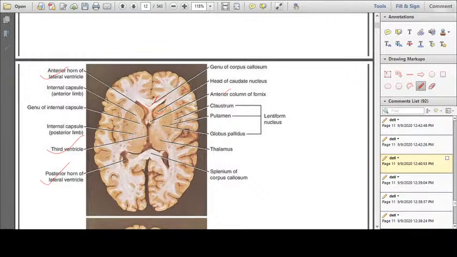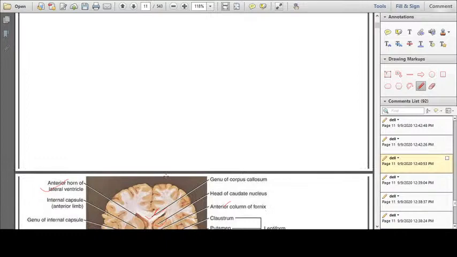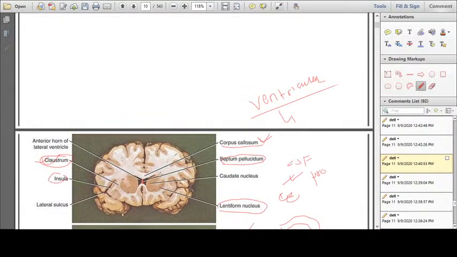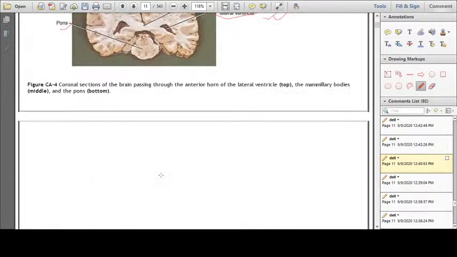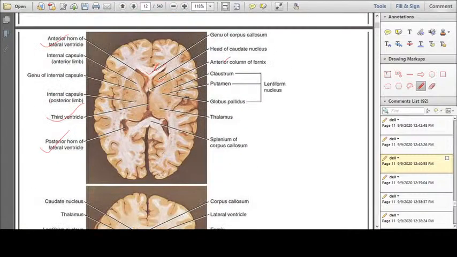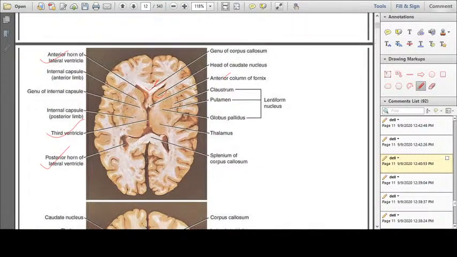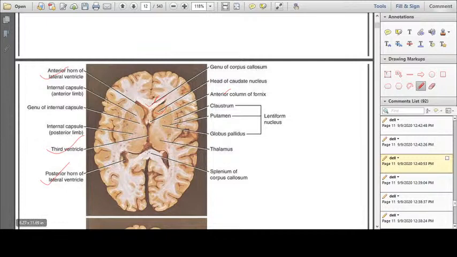This one is posterior-most, but this is the posterior horn of the lateral ventricle. I'm not getting it actually. Yeah, this must be the posterior horn. To the anterior side of the brain there is the posterior horn of the lateral ventricle, and towards the posterior side of the brain there is the anterior horn of the lateral ventricle.